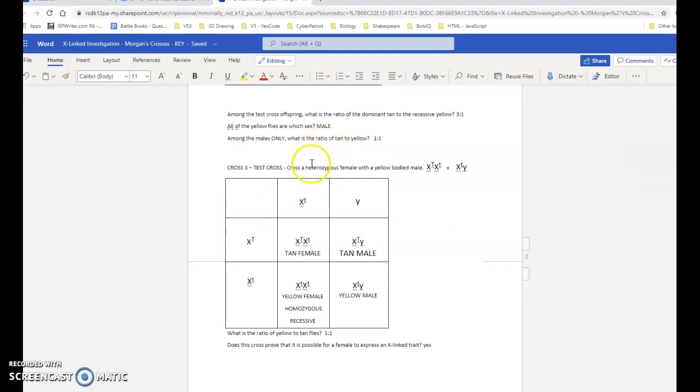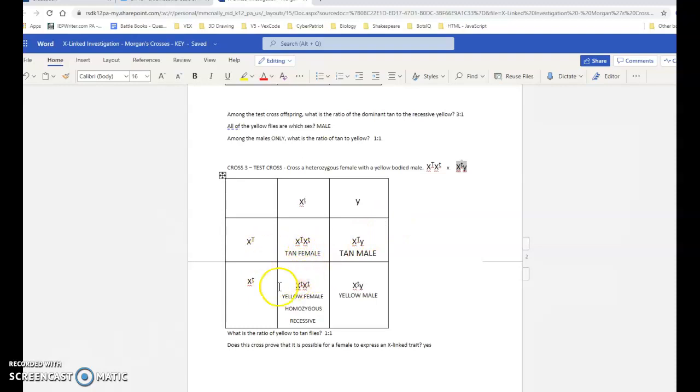So then there's this other cross that Morgan does with the heterozygotes versus an individual showing the recessive trait. So now we're test crossing the individual showing the recessive trait. Remember, in Mendel's crosses, this would have been homozygous recessive, but in the sex-linked crosses, it's hemizygous for the recessive trait.